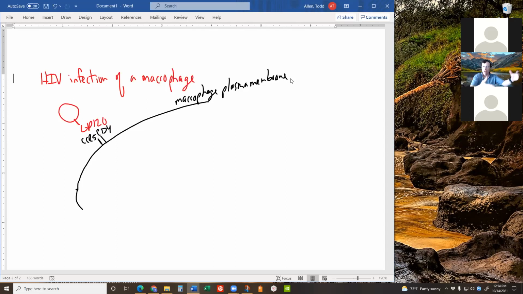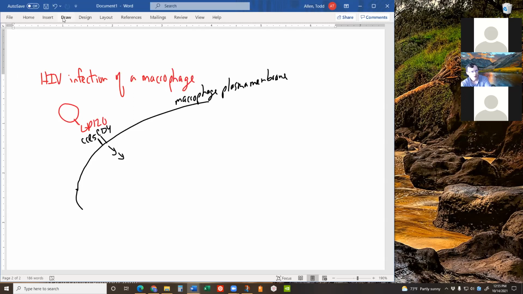As you saw in the video, once GP120 attaches to these host cell proteins, two at a time, the virus will be internalized. The virus enters the host cell, and when it does so, the viral capsid literally disintegrates and kind of dumps its cargo into the host cell cytoplasm.